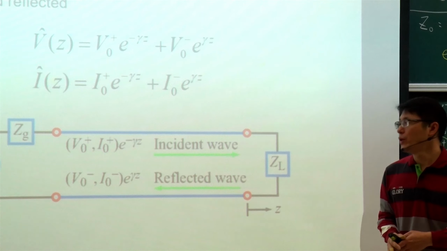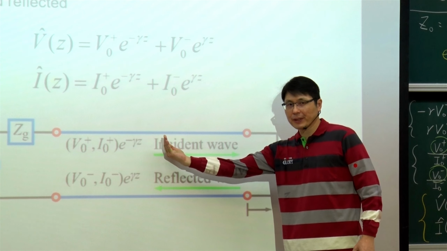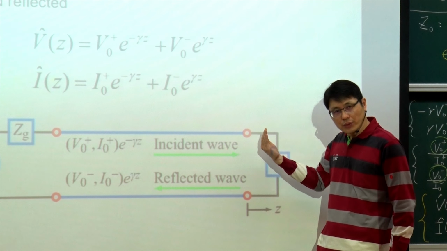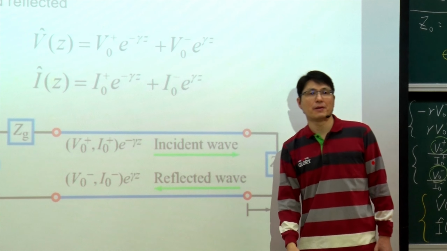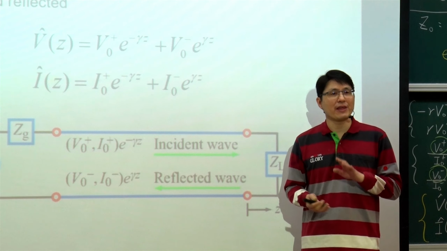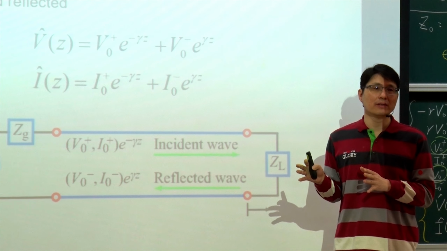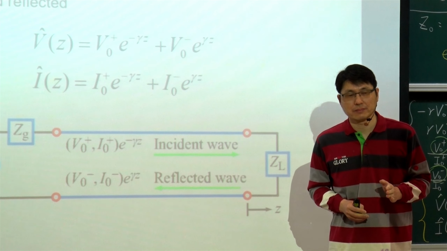Therefore, you have input forward propagating waves, and you can also have a backward reflected wave. So that's the physical origin of having V0 plus and V0 minus.